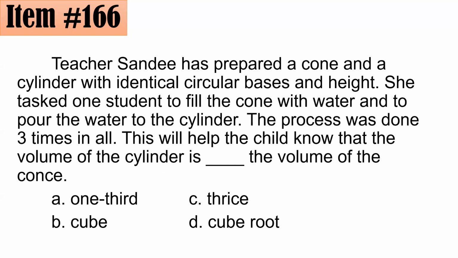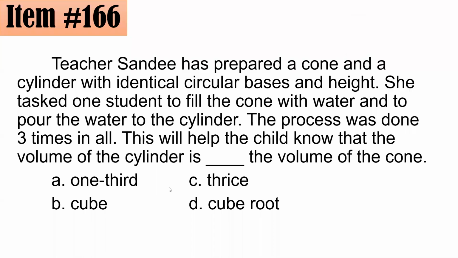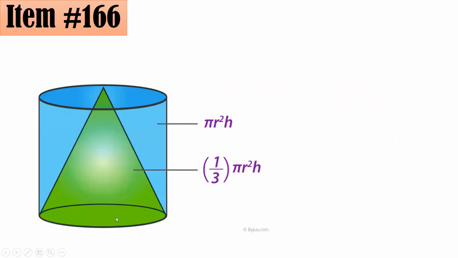This will help the child know that the volume of the cylinder is blank, the volume of the cone. Okay, let's see. Saglit lang po. Okay, letter C daw, thrice. Is the volume of the cylinder thrice the volume of the cone? And if you have this one, no?